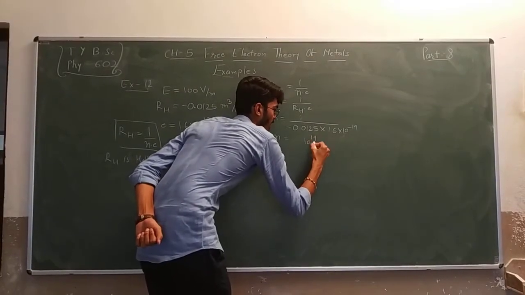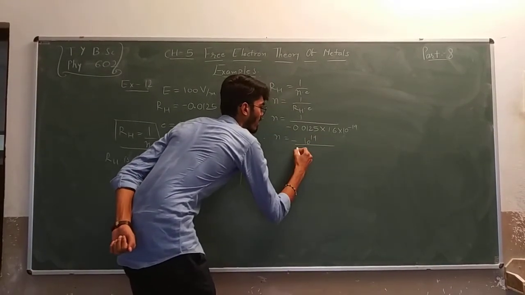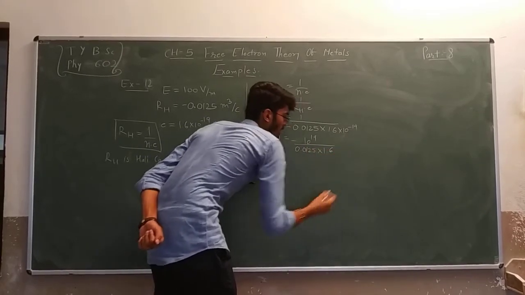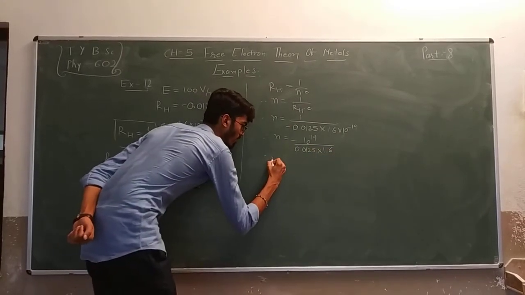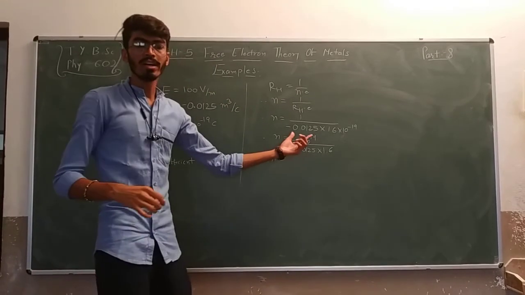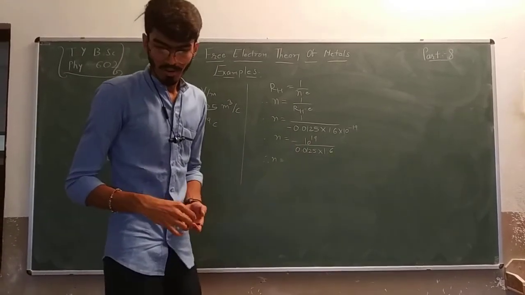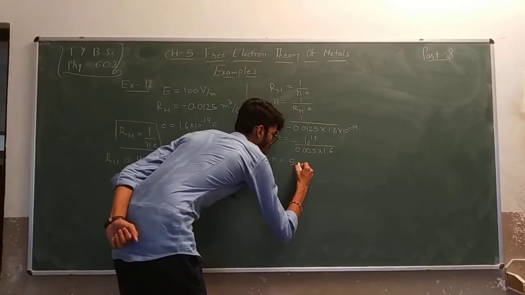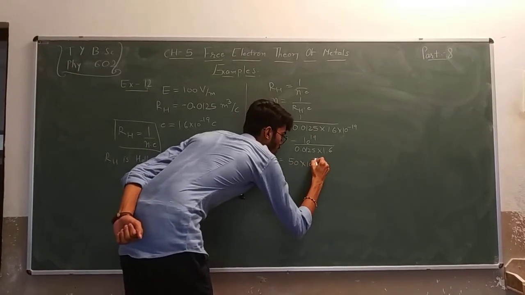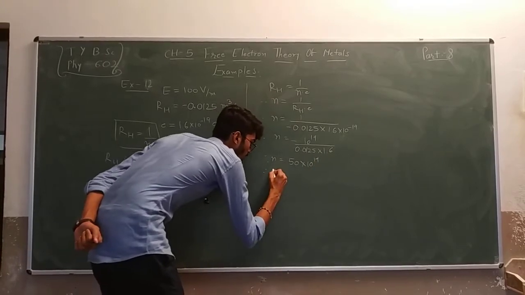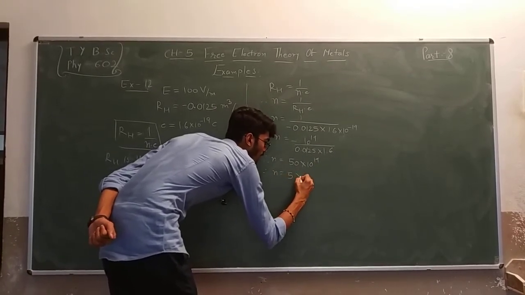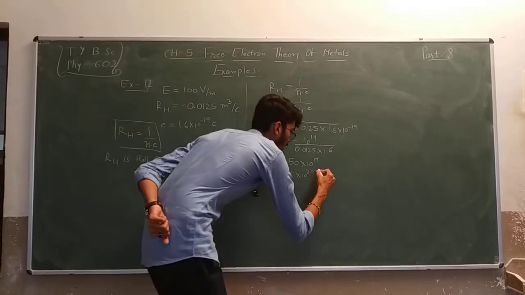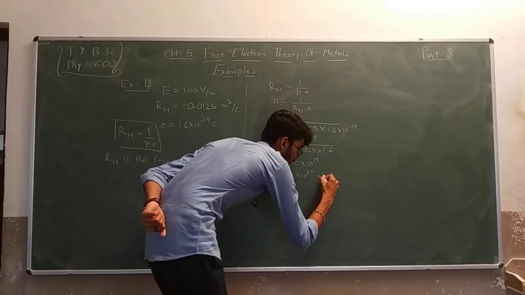After we calculate this mathematical step, we find the value of n, and that is 5 cross 10 raised to 20 per meter cube.